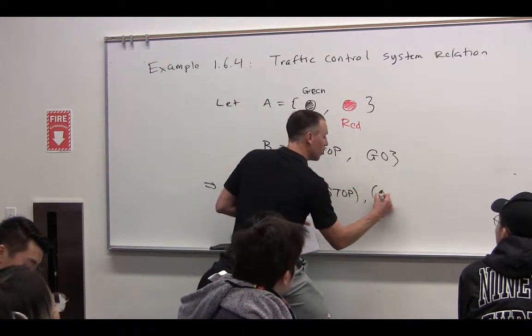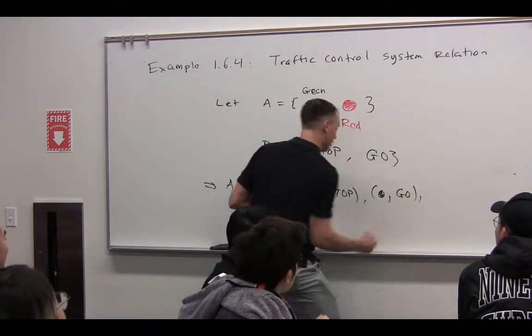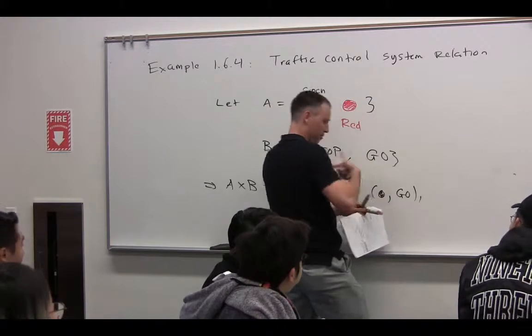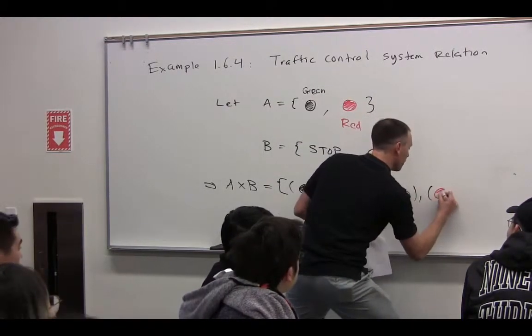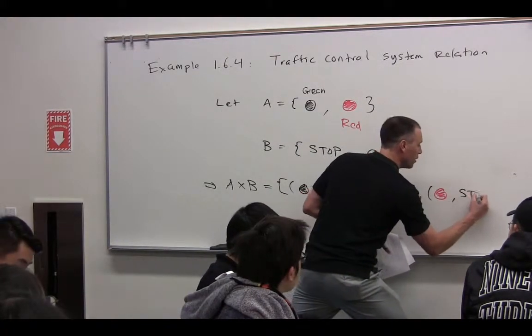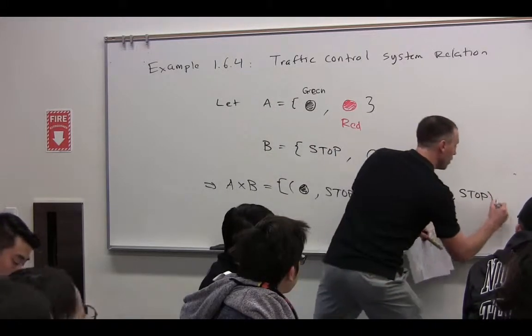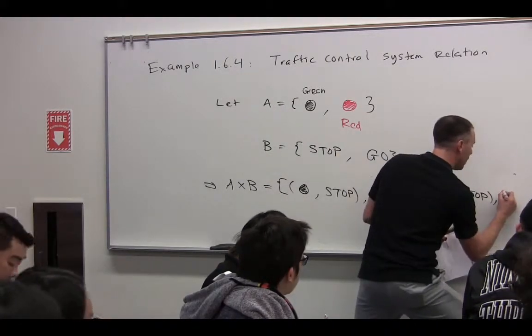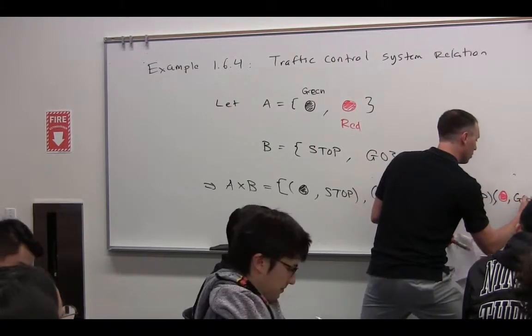We could also say that green lights go with the word go. We could say that red goes with the word stop, or the verb stop. And then we could also say that red goes with the verb go.